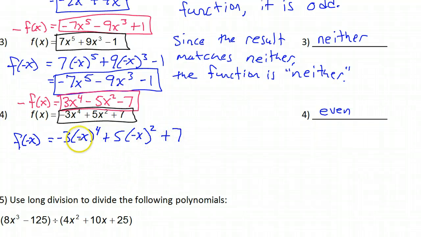Alright, if you raise a negative number to an even power, the negative goes away. So this is just going to be negative 3x to the 4th power. Poof, that negative goes away.